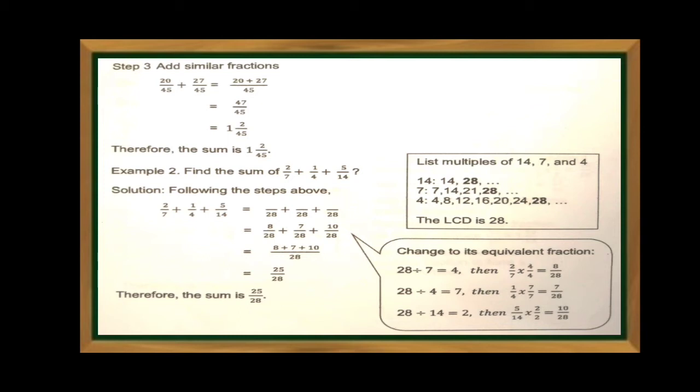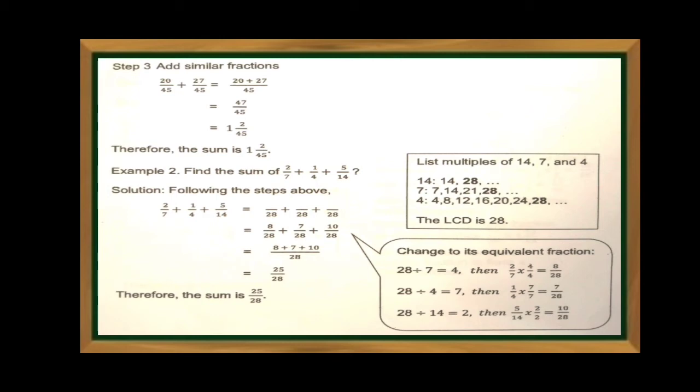Following the steps above, 2 over 7 plus 1/4 plus 5/14 equals, so their LCD is 28. Then if you already get their LCD, you have to follow step 2. Then their answers are 8 over 28, plus 7 over 28, plus 10 over 28.